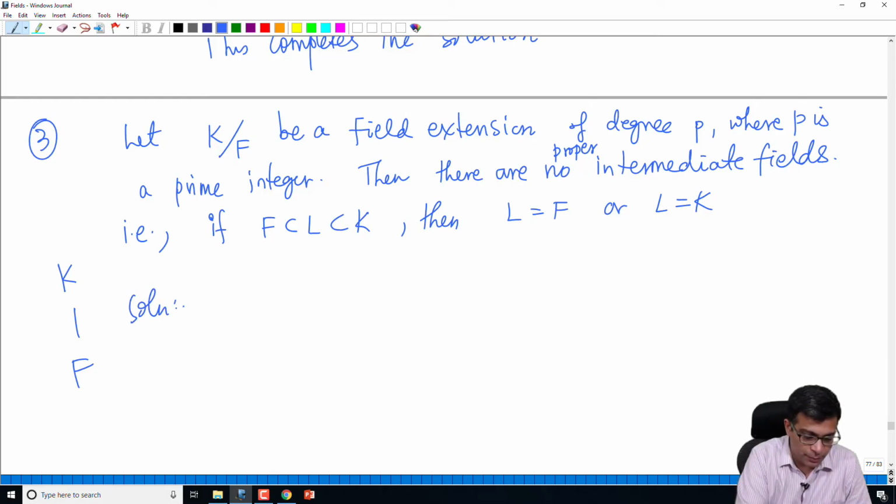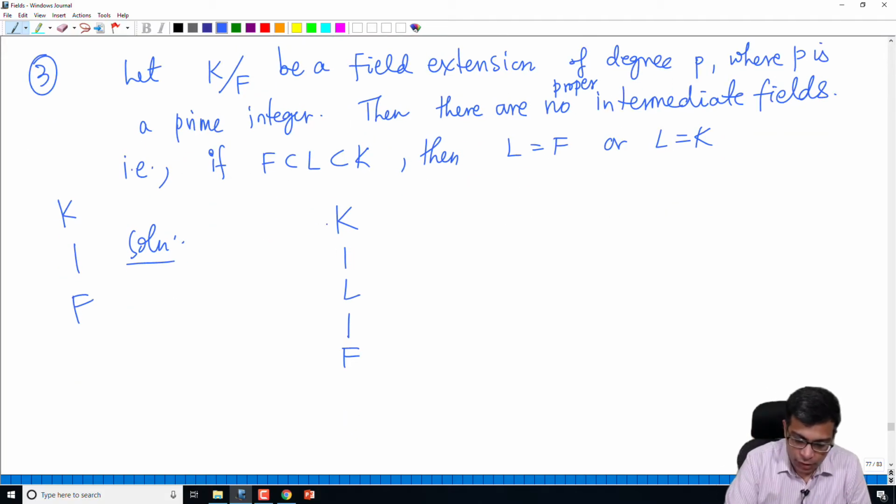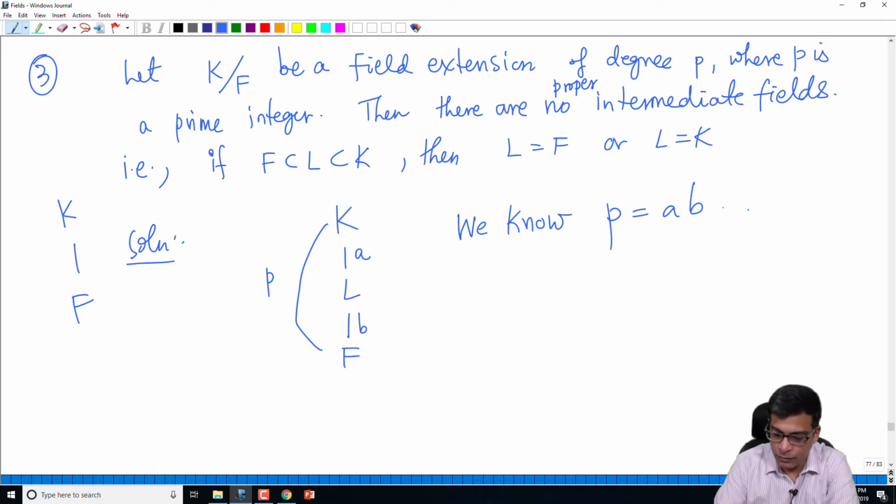This is also very simple because if L is in between, with the degree of K over F being p, let's say the degree of K over L is a and the degree of L over F is b. We know p is equal to ab, but p is prime.